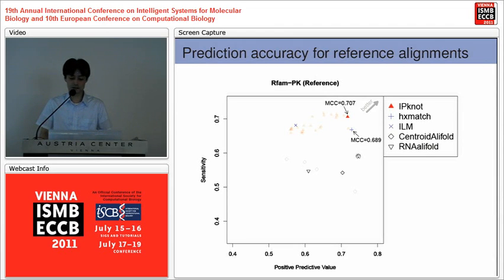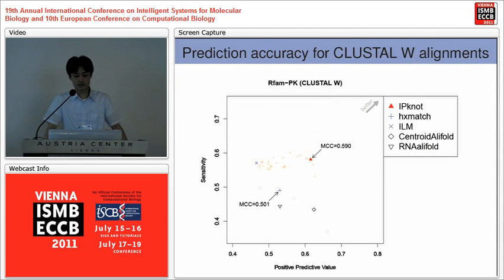This figure suggests that one of the existing methods, HXMatch, and IPknot are comparable. Here is the prediction accuracy for ClustalW alignments, which don't consider any secondary structure. This graph shows that IPknot is more accurate than the existing methods on ClustalW alignments.